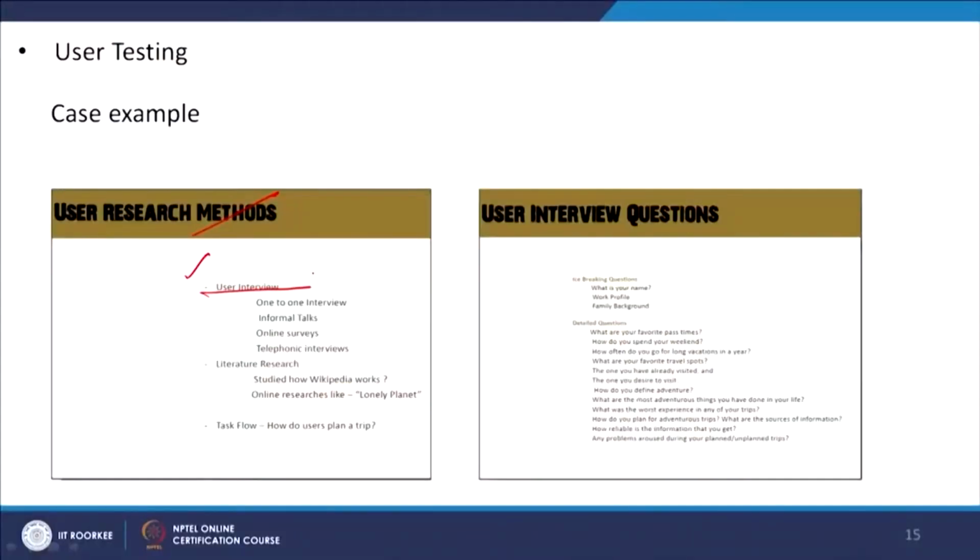One is the user interview, where they go and ask one-to-one questions, informal talks; an online survey which is not moderated; and telephonic interviews which are moderated but done remotely. Then a literature review has to be done, which is similar to benchmarking of similar products. From there they will create a task flow, which tasks have to be given to the users and how the user will go about interacting with the particular session.